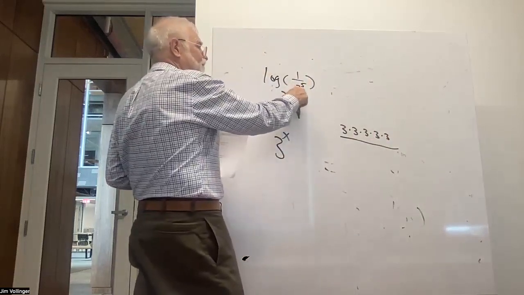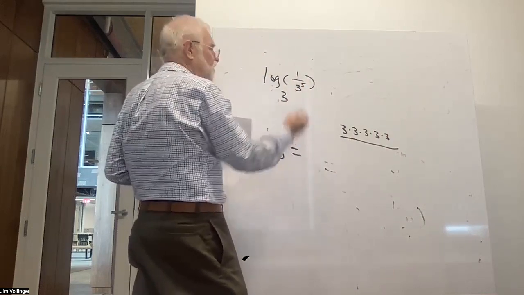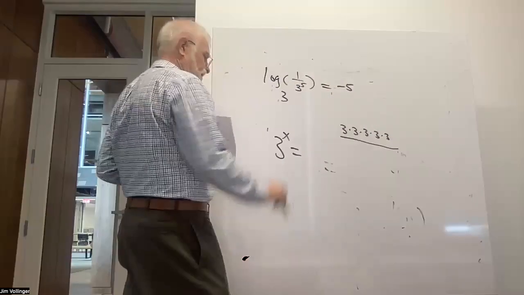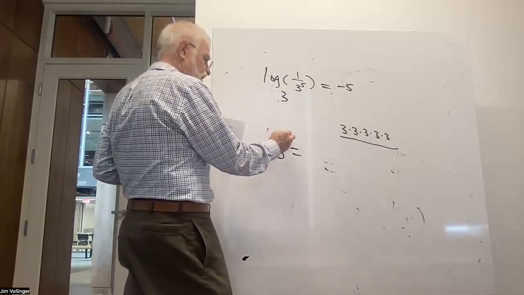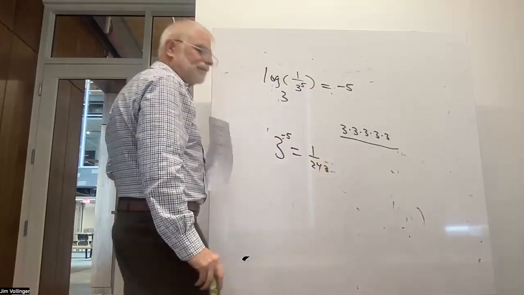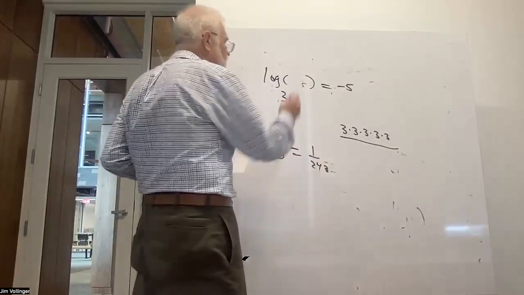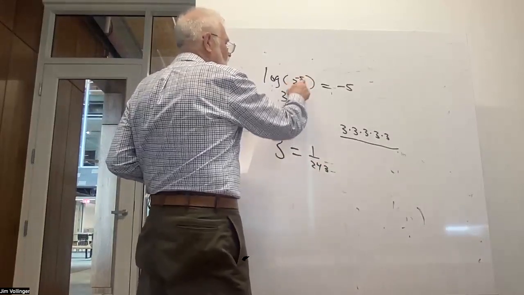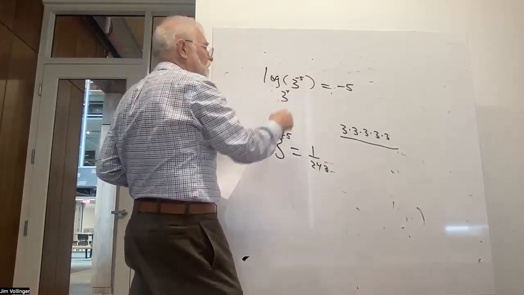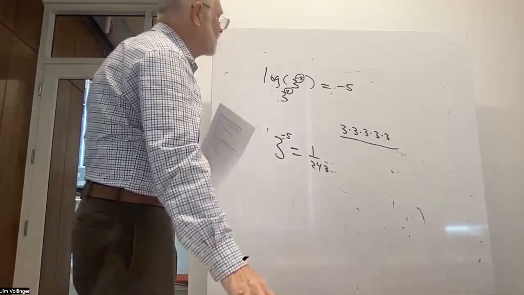That exponential activity is in the denominator, so the exponent's negative 5. Yes, 3 to the negative 5 is equal to 1 over 243. 1 over 3 to the 5 is the same as 3 to the negative 5. I can see some exponential activity on top of 3 now to get that. Sure looks like they have to be equal.